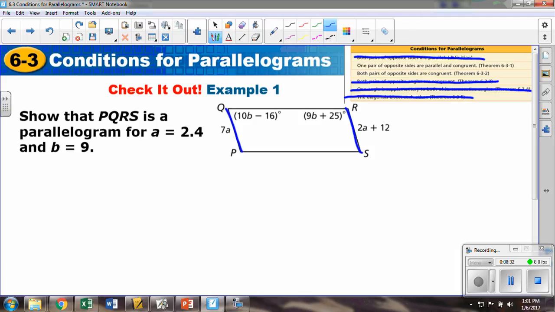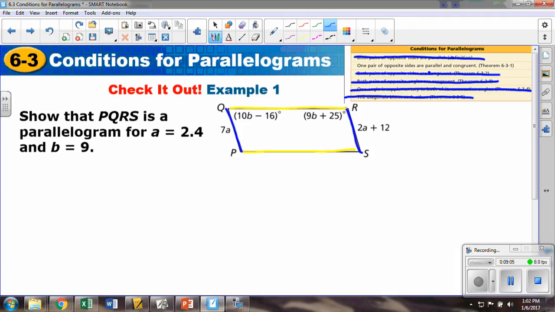I need either 2 pairs of congruent sides, and because I'm not given any information at all about the top and the bottom, I'm not going to be able to get 2 pairs. So if I can't get both pairs of sides congruent, the only tool I've got left that's using sides is to show that these sides in the blue are congruent, and at the same time they have to be parallel.